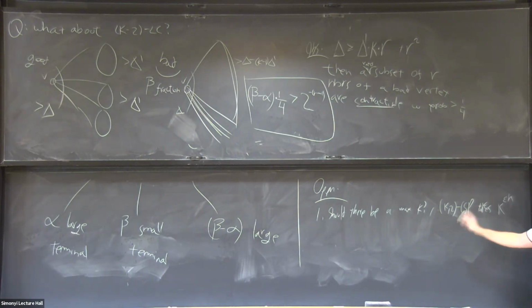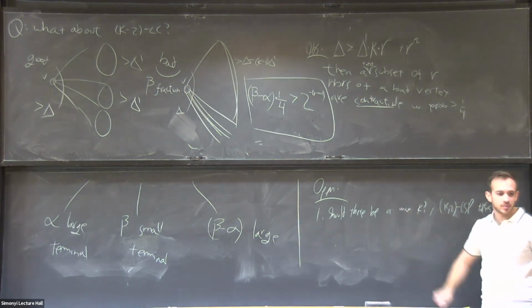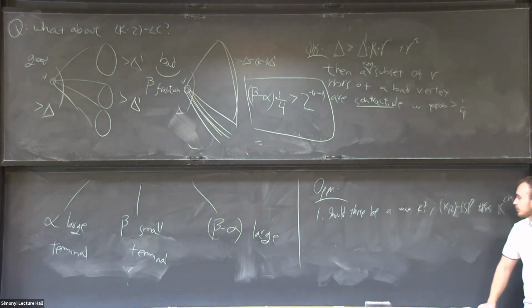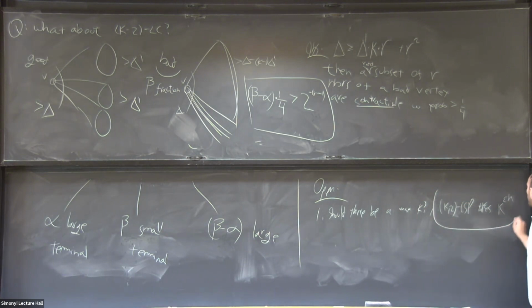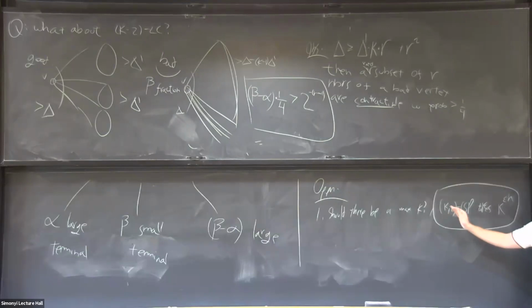So for coloring and for list coloring, we know that you don't need time that goes with K, but it could be that something happens for this. For coloring and list coloring, we said that regardless of K, you can solve it in 2 to the n time. But for the more general problem of K-to-CSP, this is not true anymore.